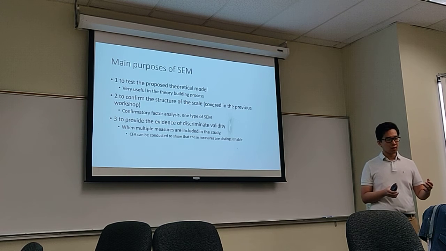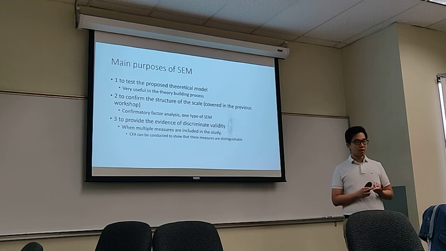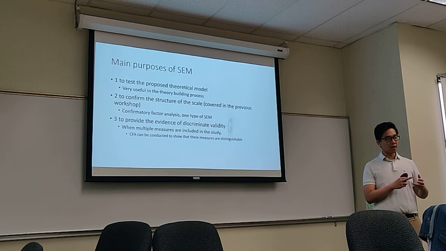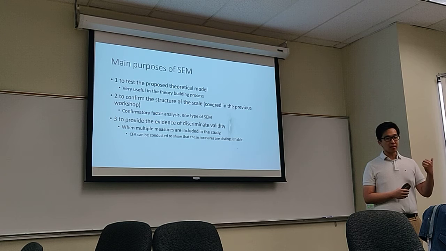For example, there's one paper that uses 9 measures, and they threw all the measures into the CFA. They specify a 9-factor model, and they specify all kinds of other models, like a 4-factor model, a 1-factor model, a 6-factor model. It turns out that the 9-factor model is the best model.